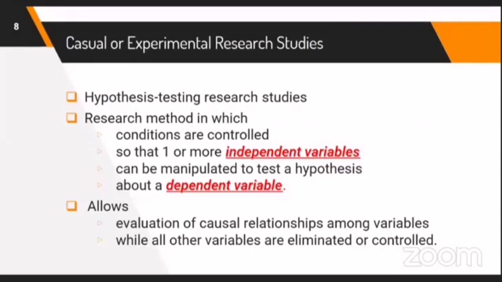Another thing is it allows evaluation of causal relationships among variables, while all other variables are eliminated or controlled. It asks about the objective, the relationship or the correlation of one variable versus the other.